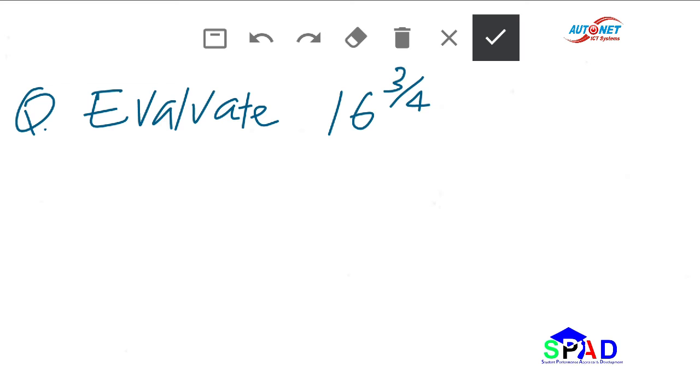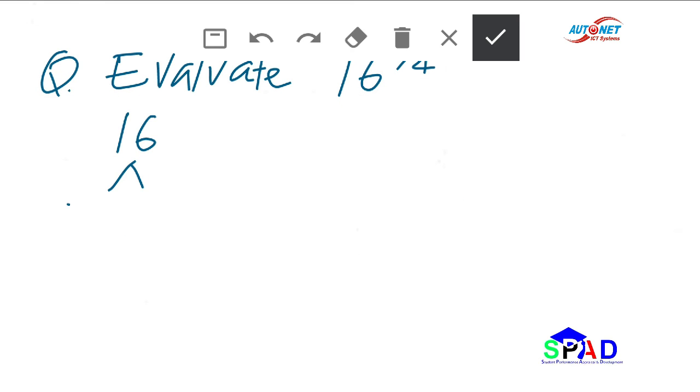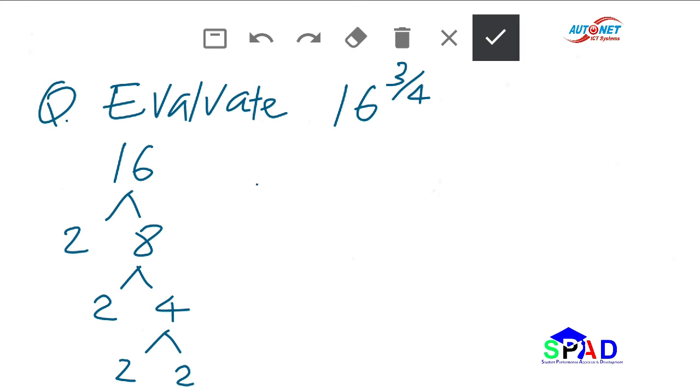Just like I've said, you need to express 16 in its simplest form in terms of its prime factors. 16 is the same as 2 times 8, 8 is the same as 2 times 4, and 4 is the same as 2 times 2. So instead of writing 16, we shall write 2 to the power 4.